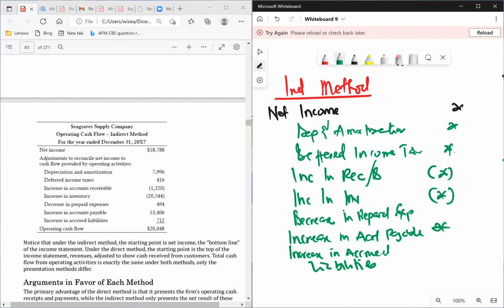Even provisions, if you do provisions, you add it back because you have subtracted your provisions, which means that you are assuming cash was paid, but no cash was paid. So you add it back. Are we okay? So for indirect method, we just need to know what elements to adjust to arrive at the cash from operations.